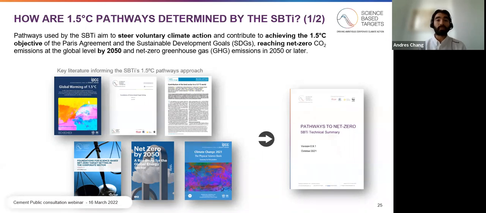We looked at peer-reviewed literature to understand what assumptions and targets we can set for land use and agriculture. We also were using the IEA's net zero scenario as a reference. And lastly, the IPCC's most recent AR6 report. If you're interested in really digging into the technical details, you can find this paper on the right, Pathways to Net Zero, on our website. Next slide.